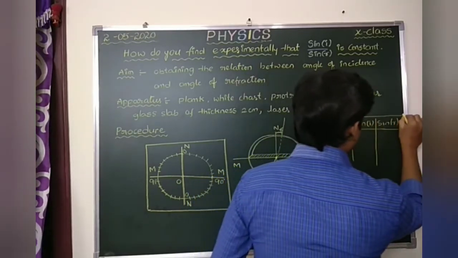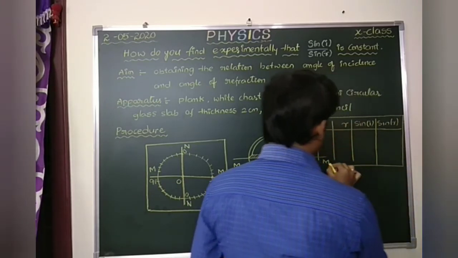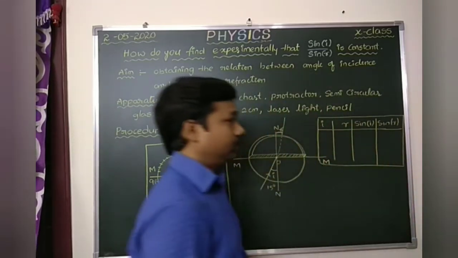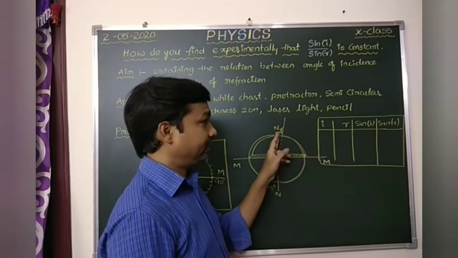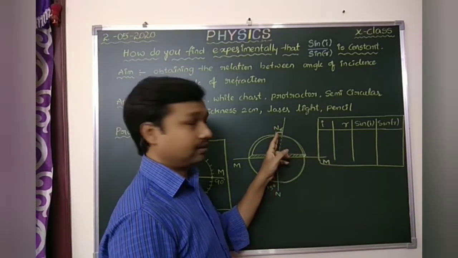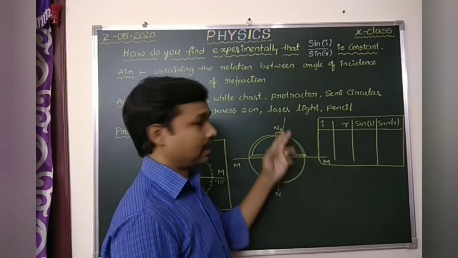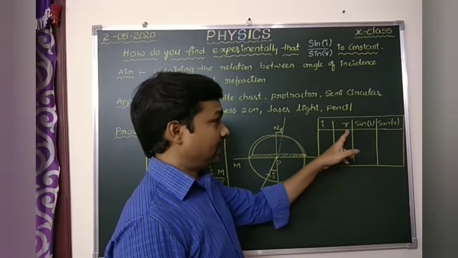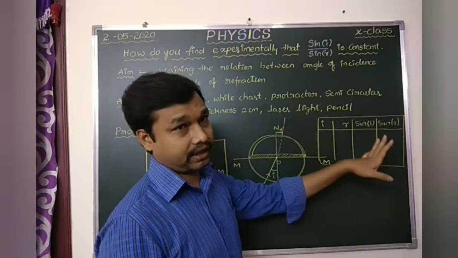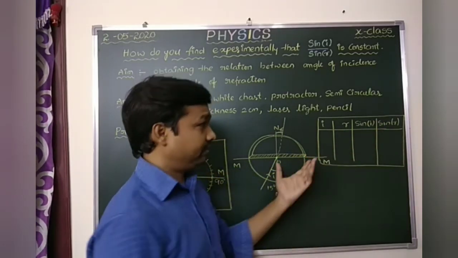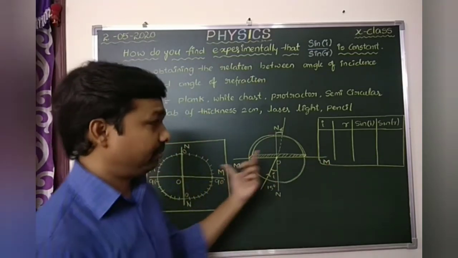This is the table we need to note. Here we took 15 degrees. We will get the angle of refraction on the second side of the glass slab, and then we take the sine of the angle of incidence and the sine of the angle of refraction, so that we get one pair of relation.